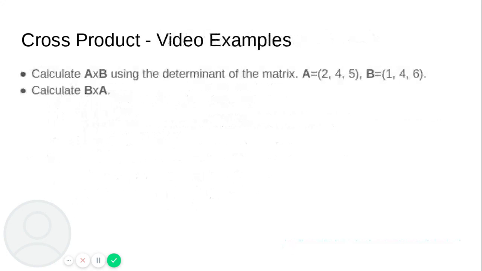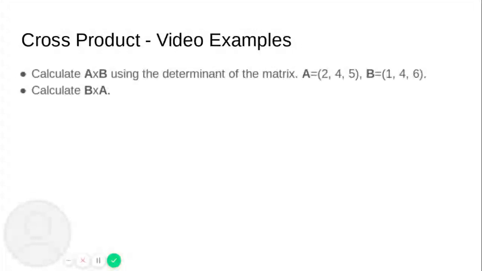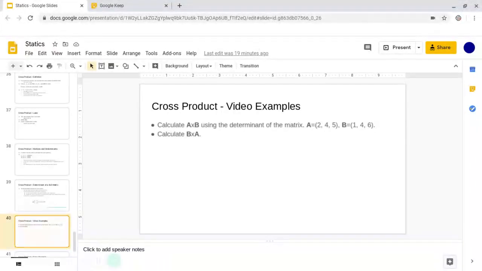And then we want to calculate B cross A. And then just as an extra example, we can calculate a different A cross B this time, simply using the formula as discussed in one of the first slides. But for now, we'll use the matrix approach.